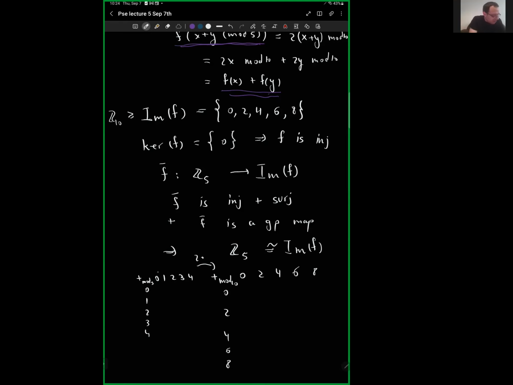I mean, here I have a list of symbols, but when I check the multiplication of this list of symbols, it's the same. So this is why, at least from an elementary point of view, the two groups here are isomorphic.